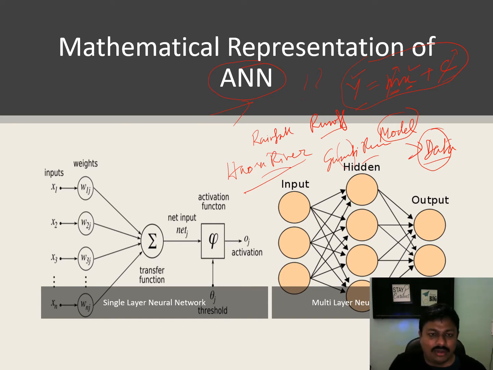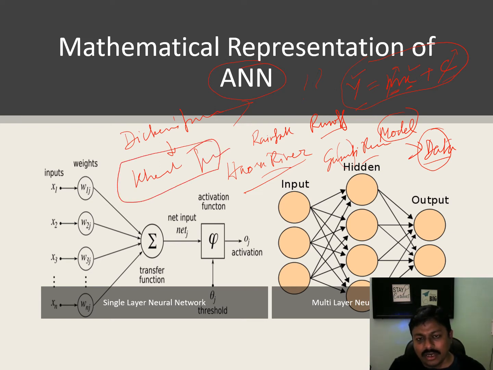When you use Dickens formula in some Indian watershed, it gives much more error than Kosla's formula when predicting runoff for an Indian watershed, because Kosla's formula is developed based on the data of Indian watersheds, whereas Dickens formula is developed based on the data of some UK rivers, a river of England.